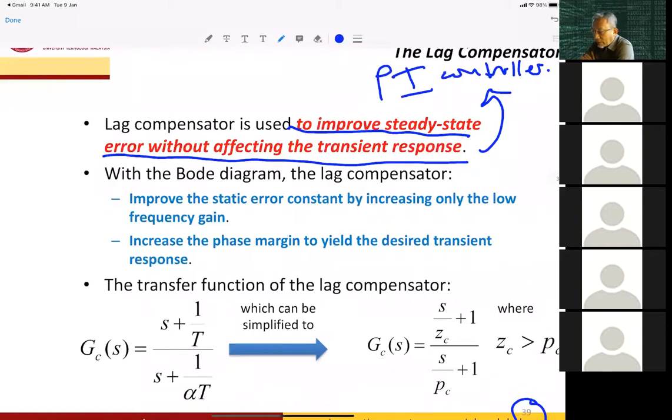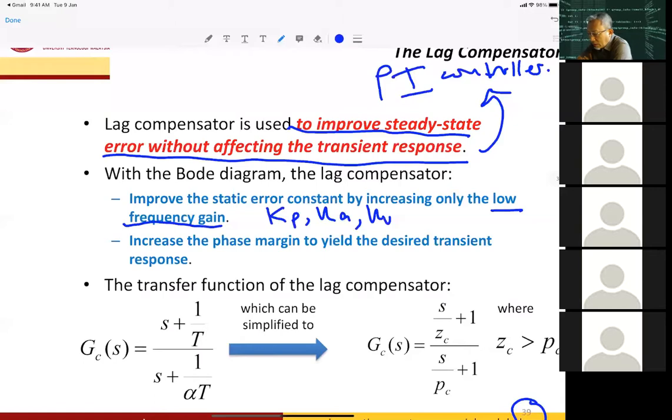With both diagrams, we can design the lag compensator, where it will improve the static error constants, known as Kp, Kv, and Ka, by increasing only the low frequency gain.